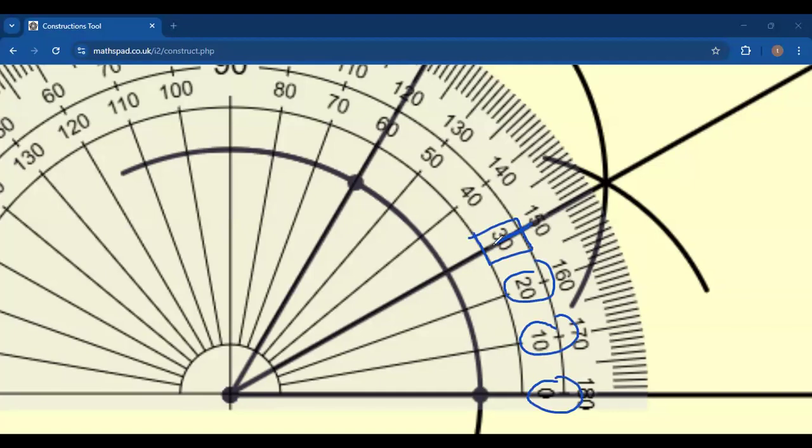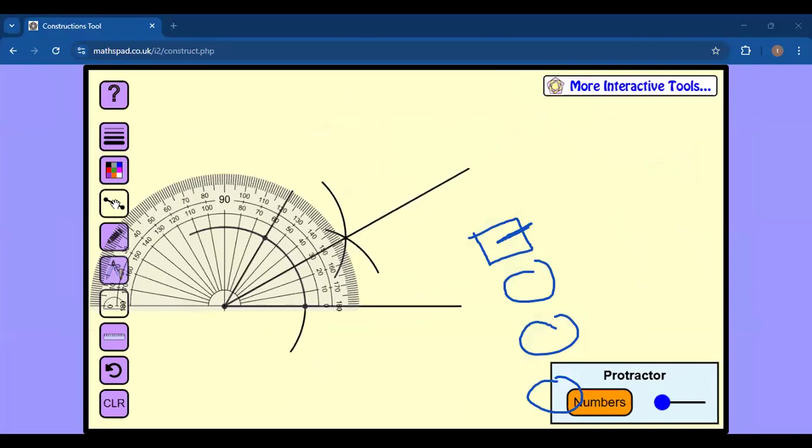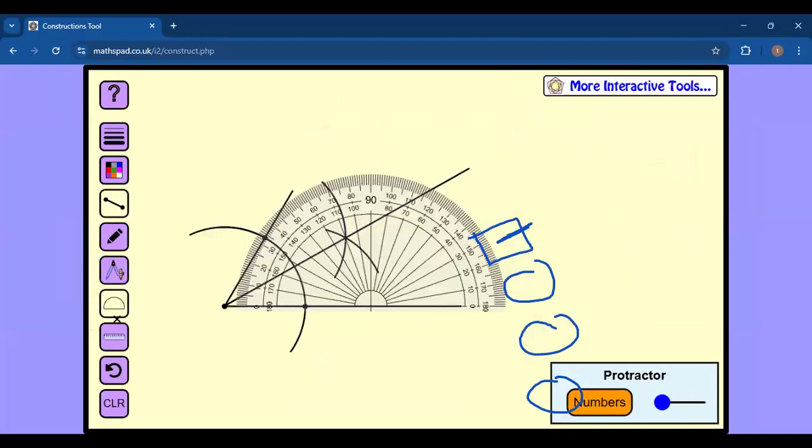How many degrees is this? 30 degrees, right? And so it's exactly in the middle because this is 60. That means we did a pretty good job bisecting this angle. And so that's how we have that there.